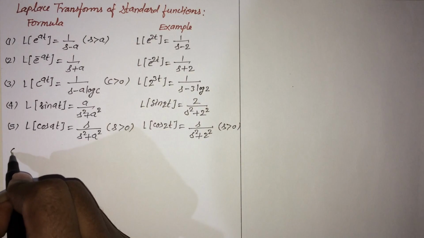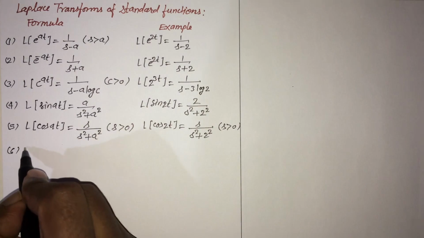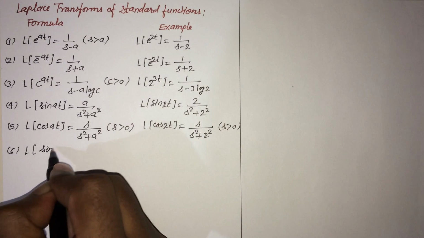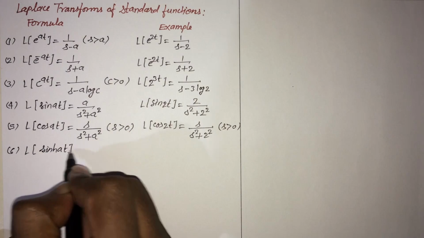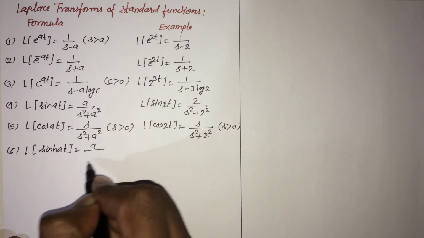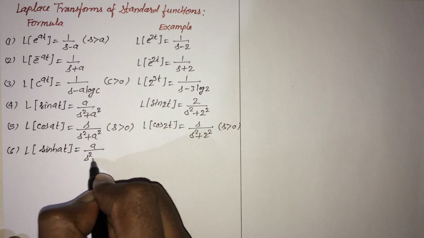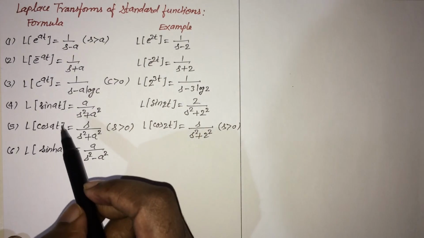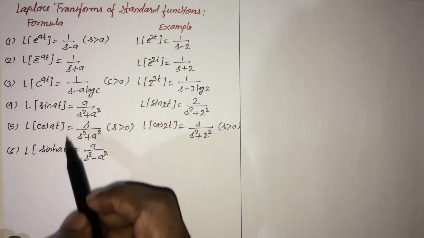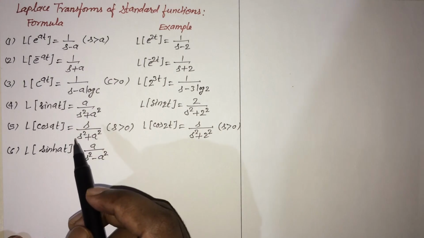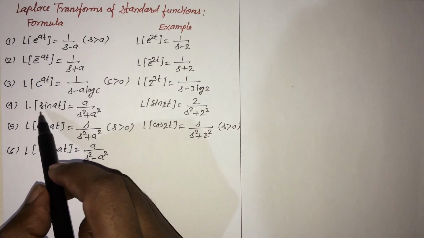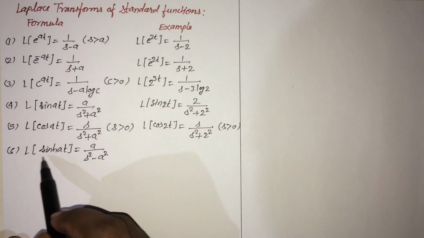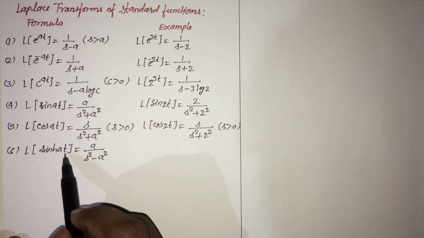And next one, Laplace transform of the hyperbolic function sin hyperbolic at will be a upon s square minus a square. So what is the difference between the Laplace transform of the function sin at and the Laplace transform of the function sin hyperbolic at?